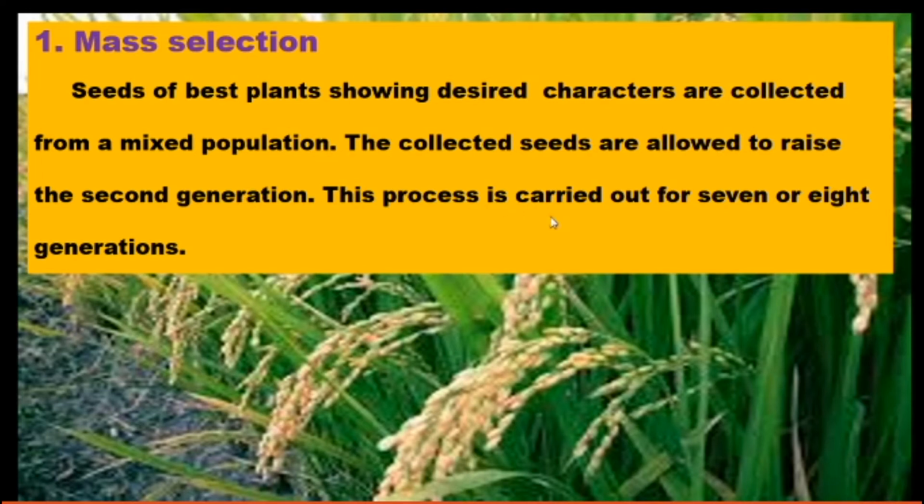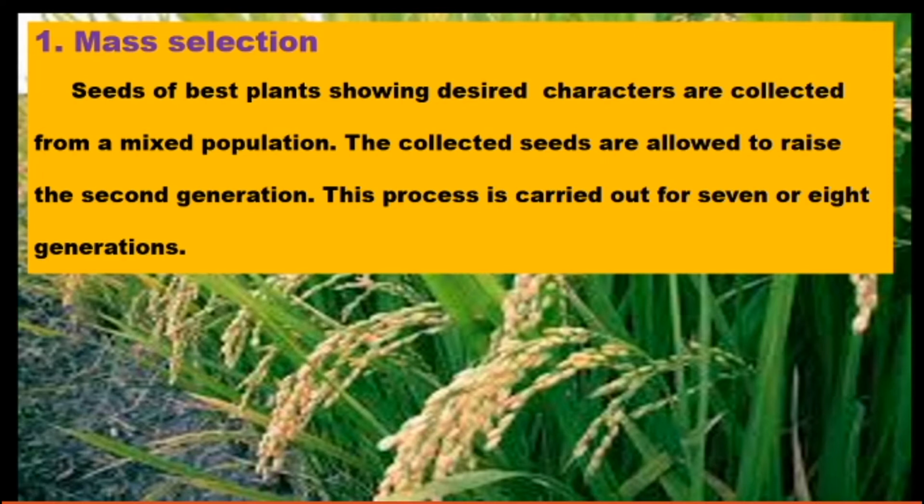This is carried out for 7 or 8 generations. So they cultivate first, second, third, fourth, fifth up to seventh and eighth. Then only can we get seeds without any mixtures. We know that genetic characters are carried from one generation to another.